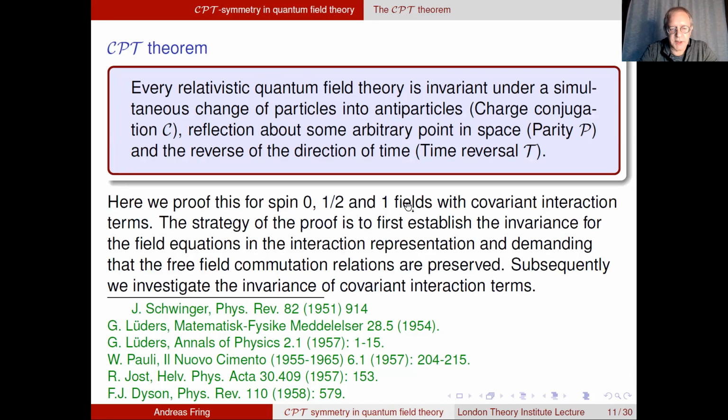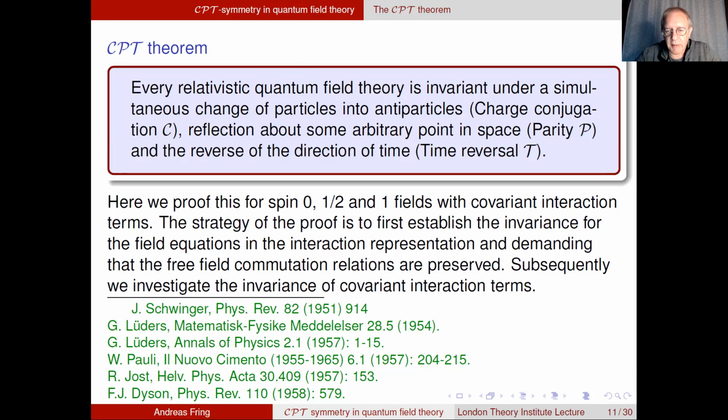And I will prove this theorem on the basis of Lagrangian field theory in this context, involving spin 0, spin half, and spin 1 fields. And we will also then look at covariant interaction terms.